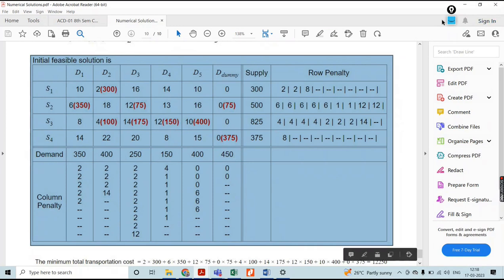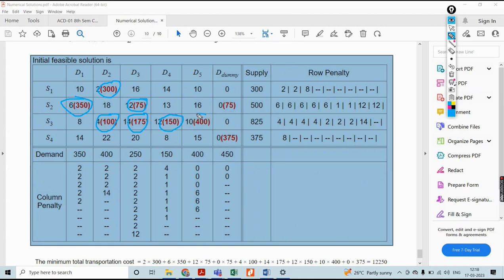How many elements are there here? The allocations: 1, 2, 3, 4, 5, 6, 7, 8, and 9.